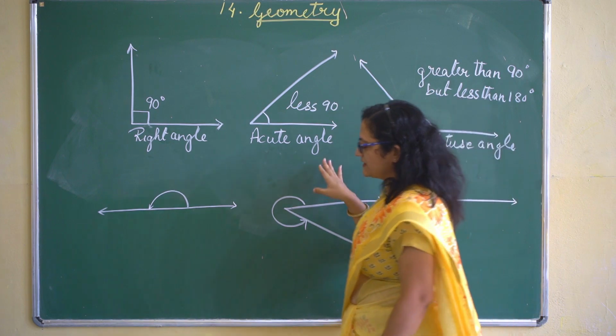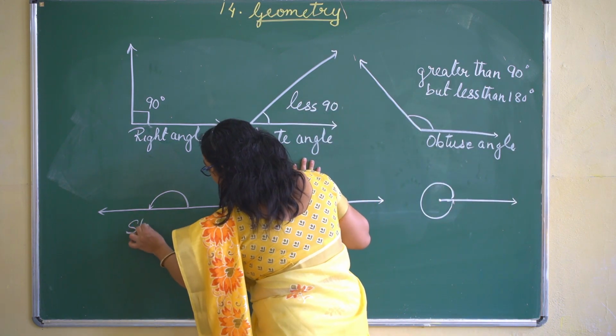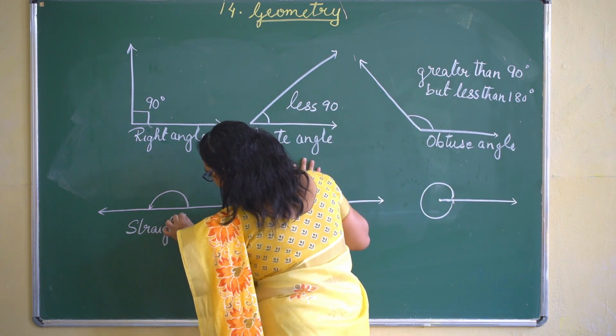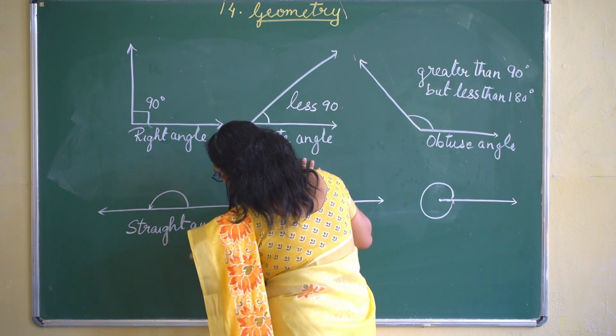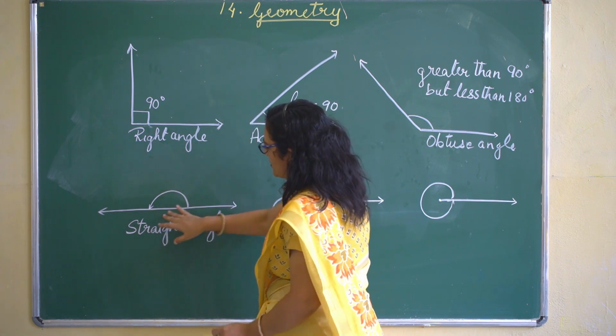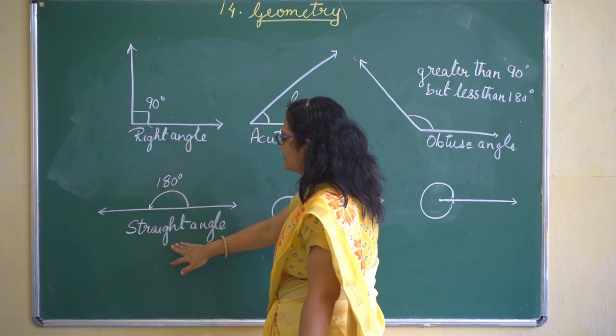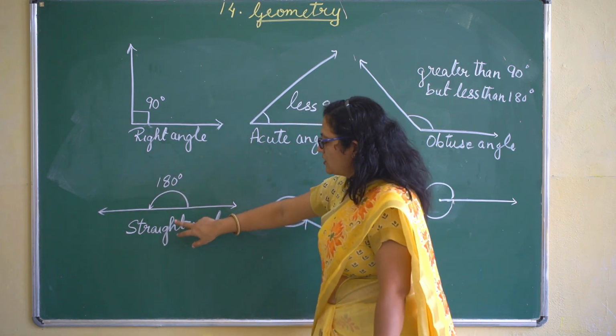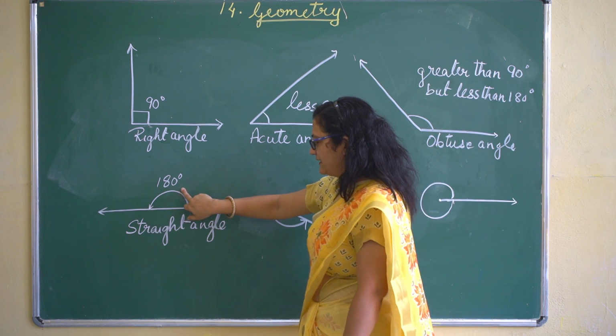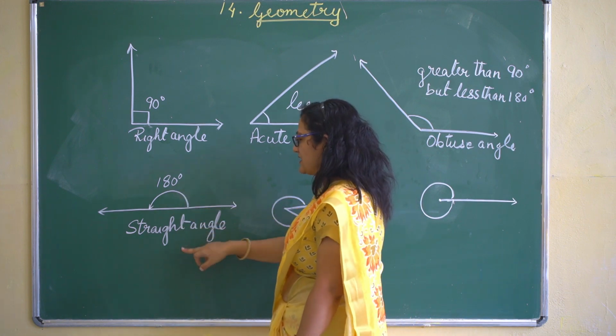What type of angle is this? Straight angle. The angle which measures 180 degrees is called a straight angle.